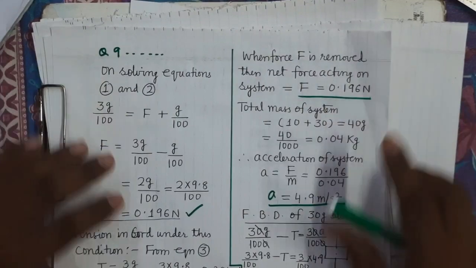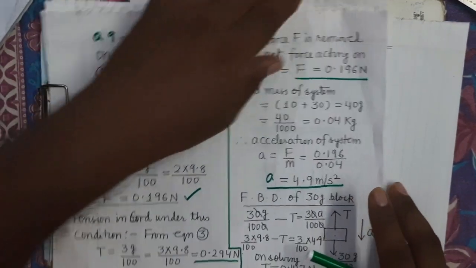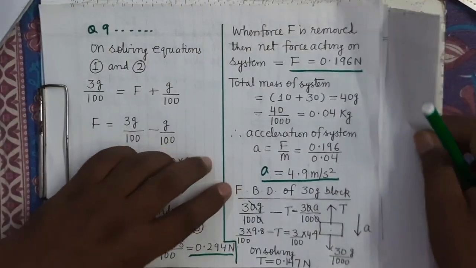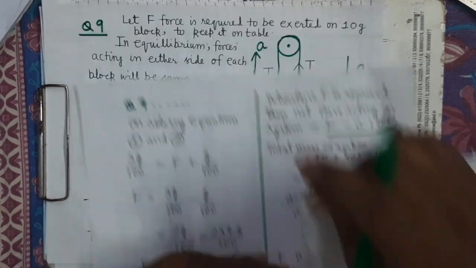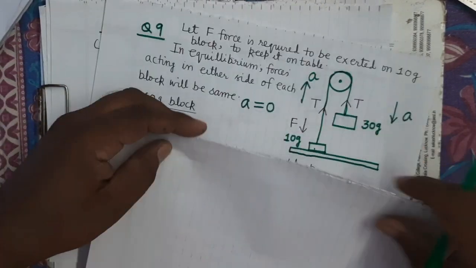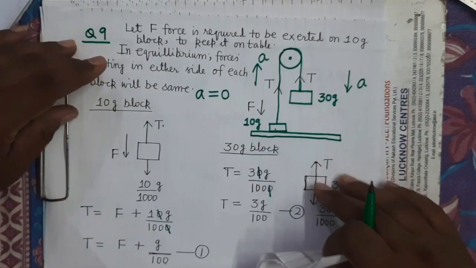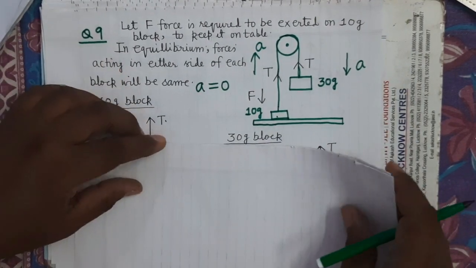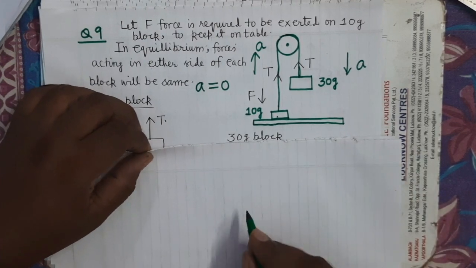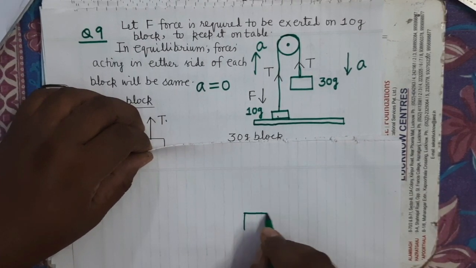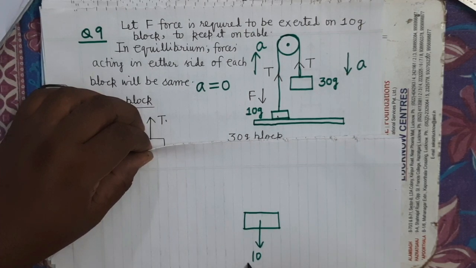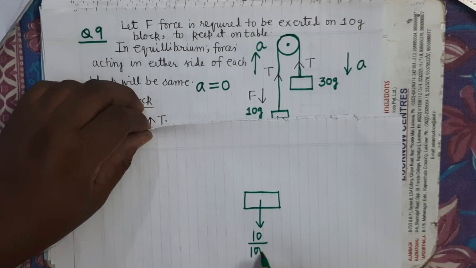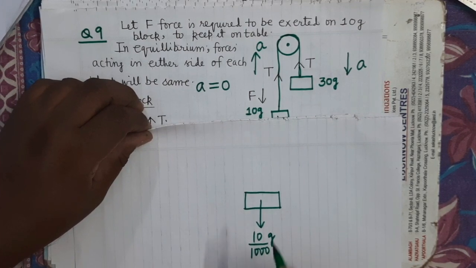Now see here, if we draw the free body diagram of the 10 gram block instead of the 30 gram, when force F is removed, what will be the free body diagram of the 10 gram block? You can see how many forces are acting on it. One is its weight, 10 upon 1000 into g.